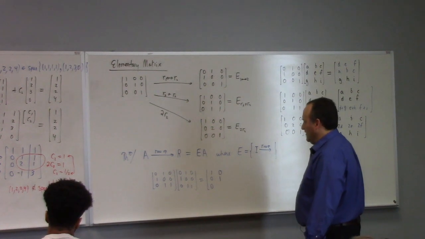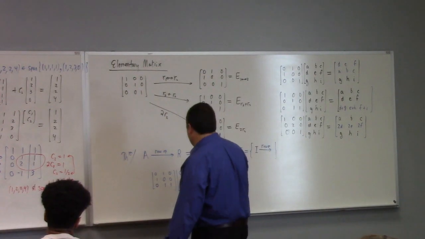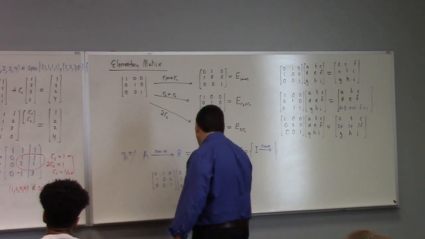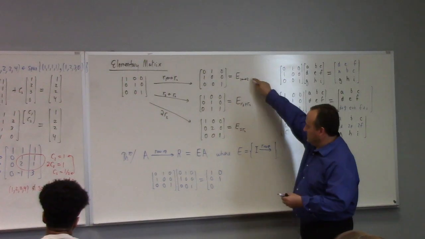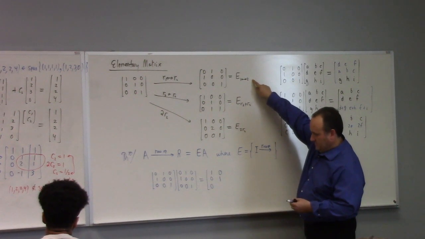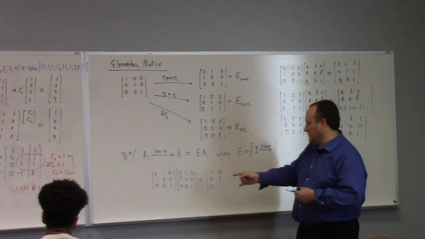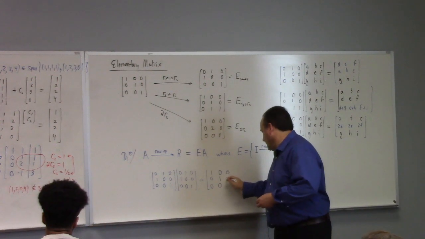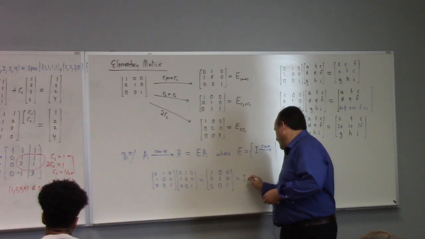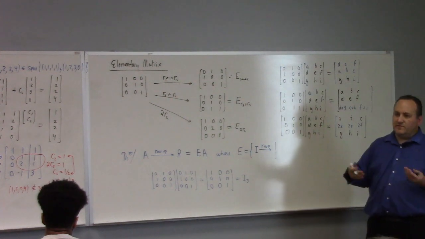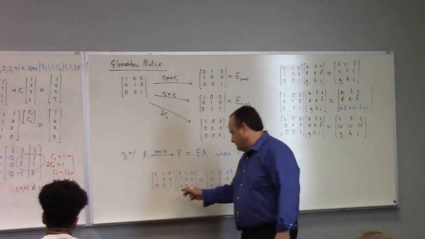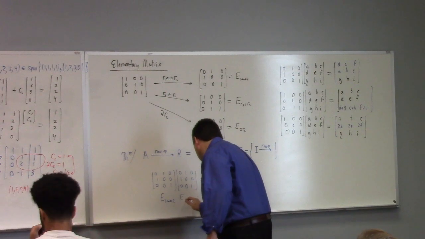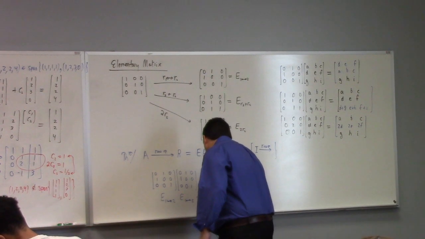I'm sorry, guys. I was trying to do the first one. That's that one, right? Yes. If you multiply that matrix by itself, we get the 3 by 3 identity matrix. So what this shows you is that E 1, 2 switcheroo times E 1, 2 switcheroo is the identity matrix.